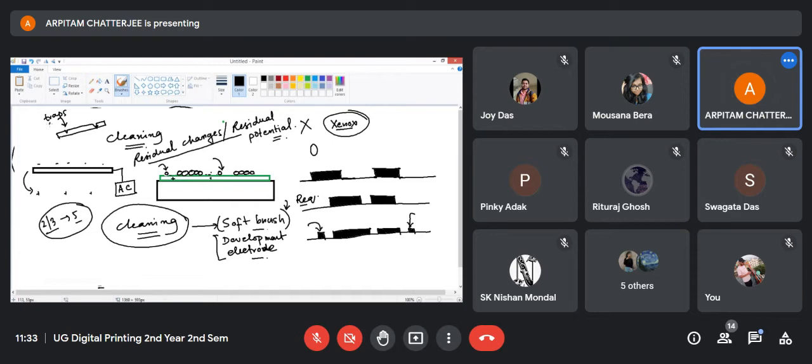These are the traps where the charges get accumulated, and you cannot bring out those charges very easily, since they are very well trapped in the photoconductive drum, or photoconductive layer itself. That is why they are quite well settled over there. That's why in old machines you will see lots of unwanted spots, but a new machine gives you comparatively fewer.